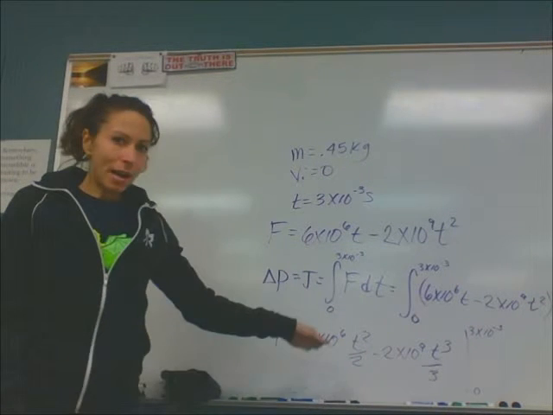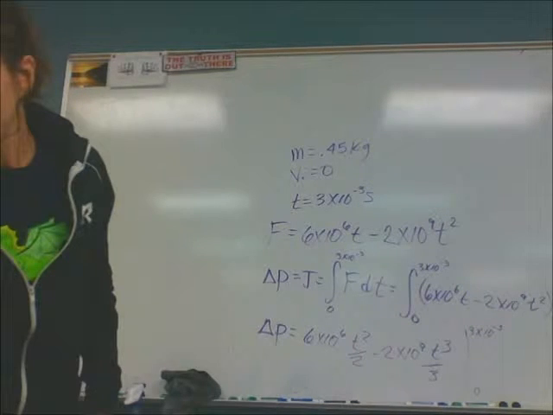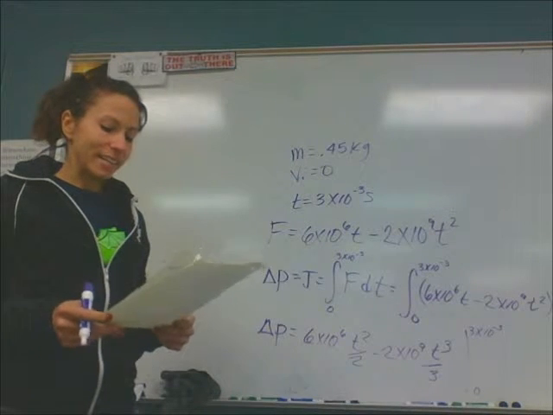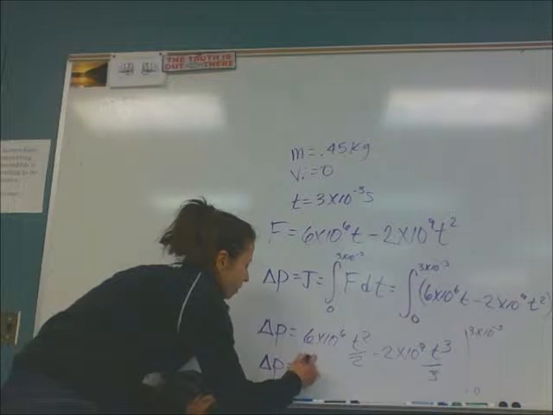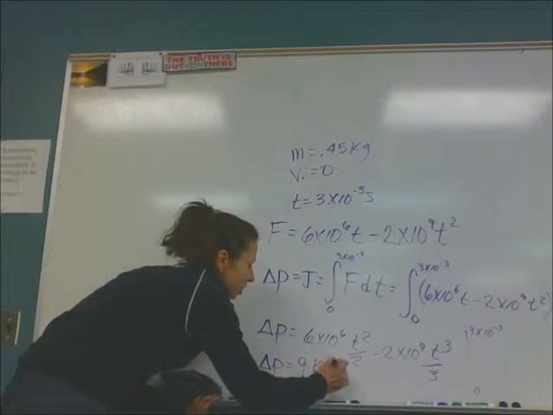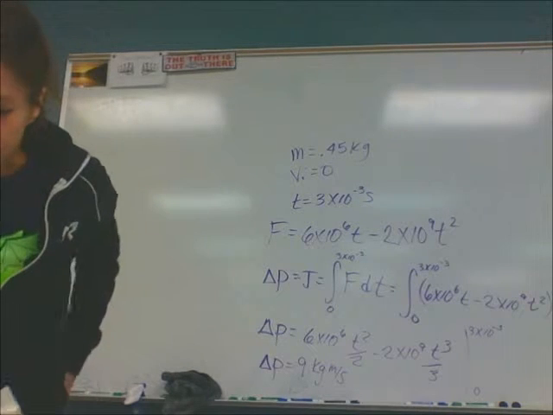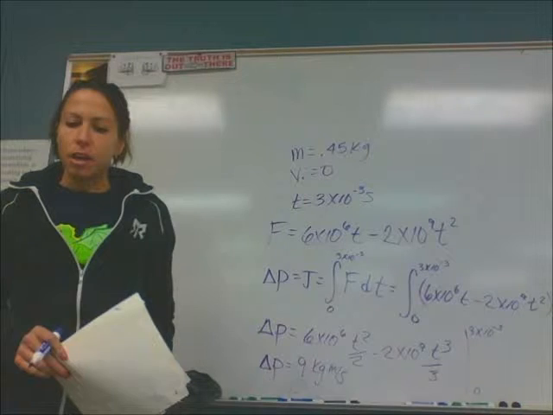37B is asking for the average force on the ball from the player's foot during that time of contact. Well, the average force is like you're assuming that if I were to instead apply a constant force the whole time, what would the constant force be? Well, the average force is equal to the change in momentum over the total time.